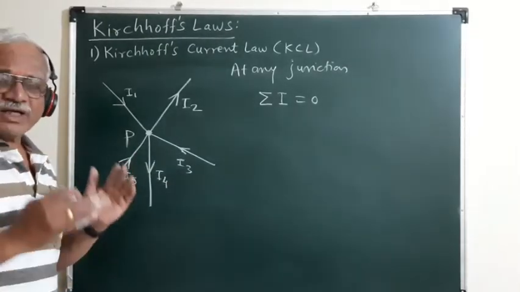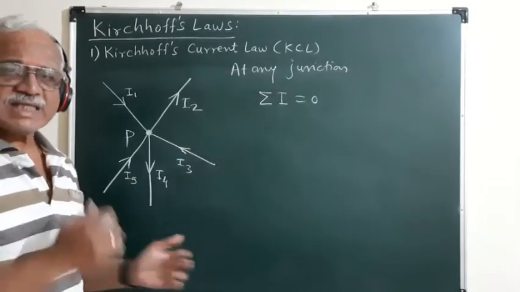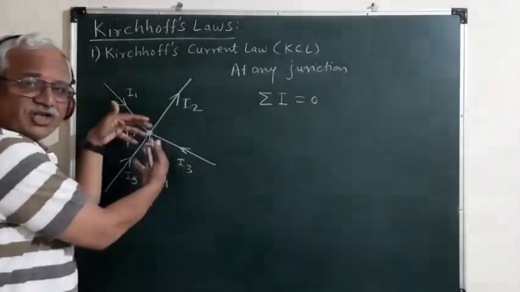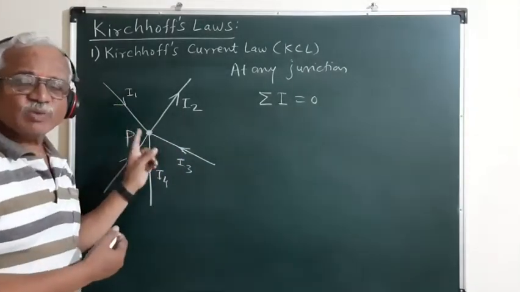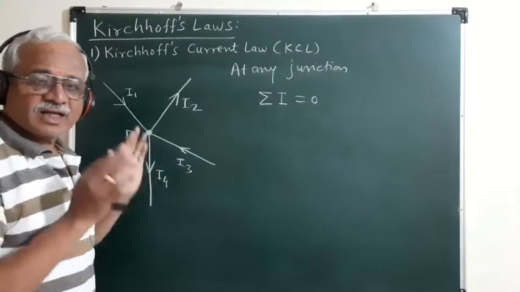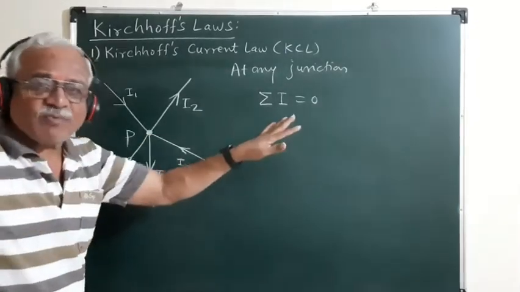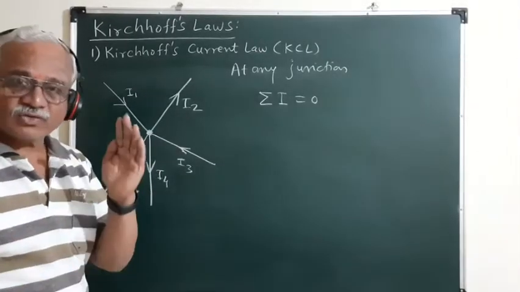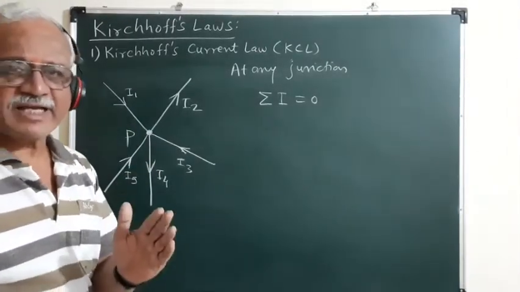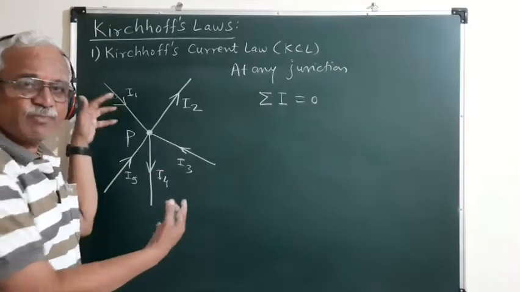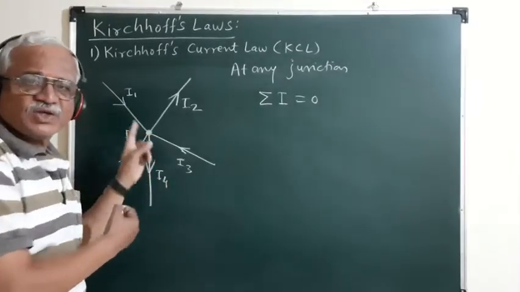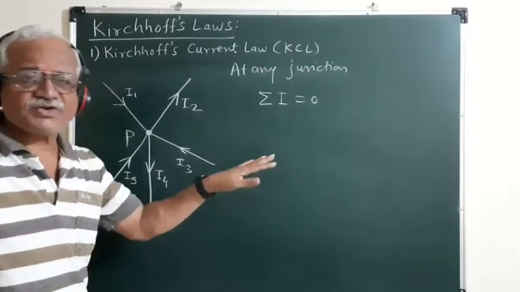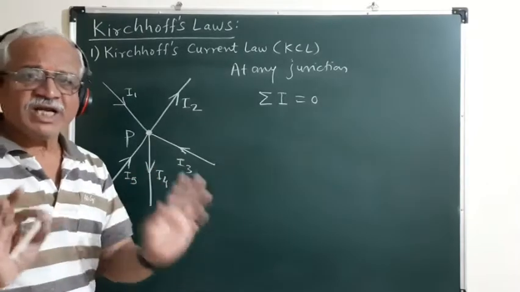The usually adopted sign convention is that the currents approaching the junction P are treated as positive and the currents leaving away from the junction P are treated as negative. Listen to this sign convention once again. The currents approaching the junction P are considered positive and the currents leaving away from the junction P are considered negative.